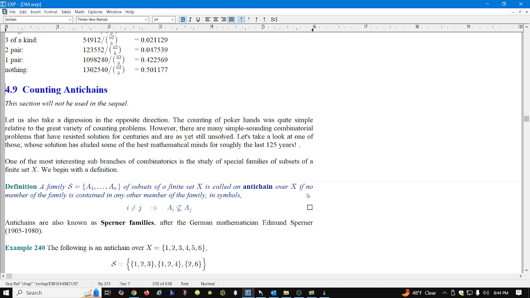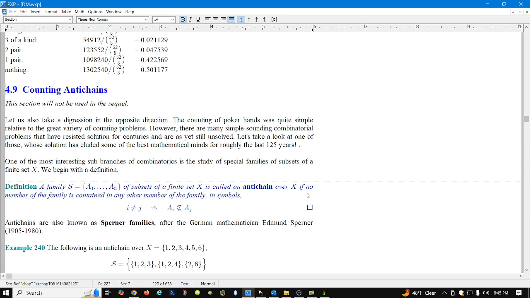So this is a problem that has still no solution after roughly 125 years. One of the most interesting sub-branches of combinatorics is the study of special families of subsets of a finite set.